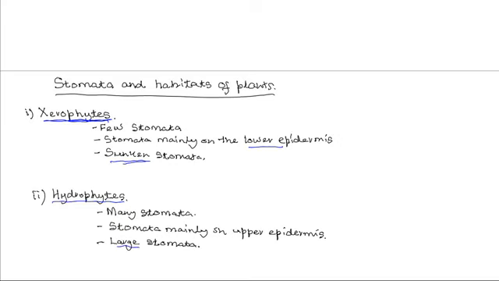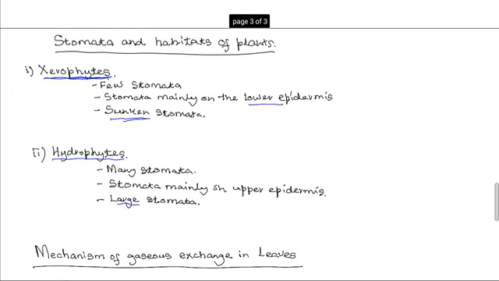Now, these features help the hydrophytes release excess water to the atmosphere. Because in the environment, the problem is too much water. So they must have modifications in their stomata to get rid of excess water.